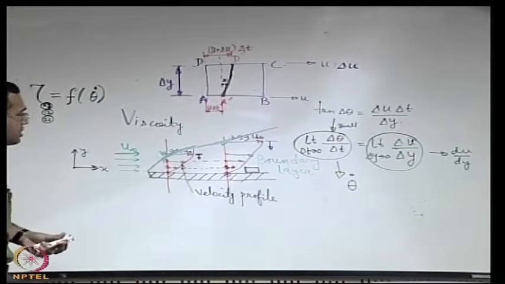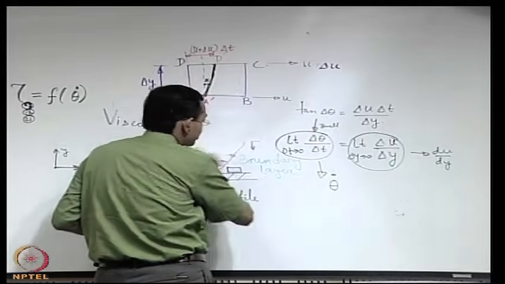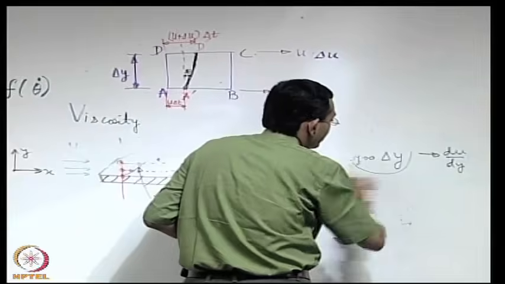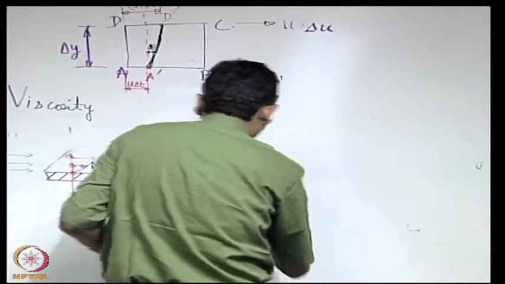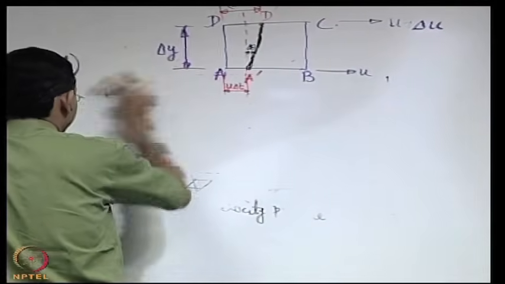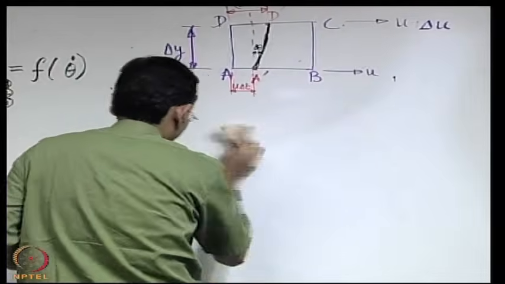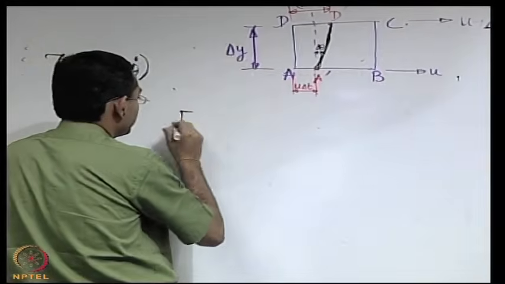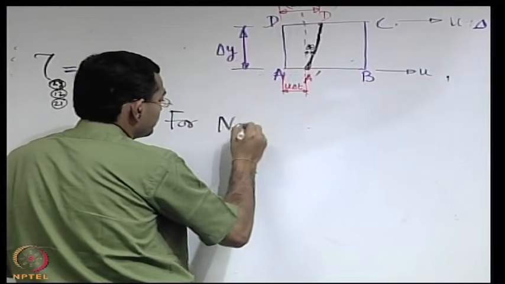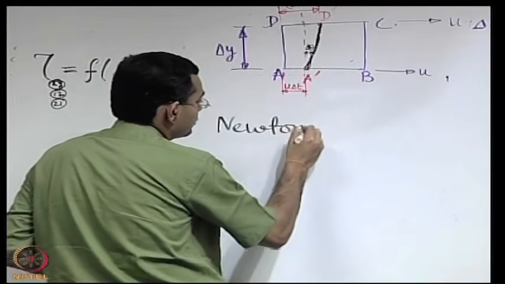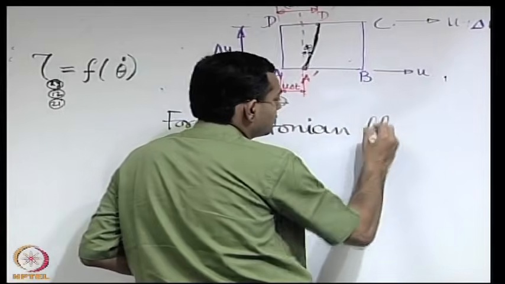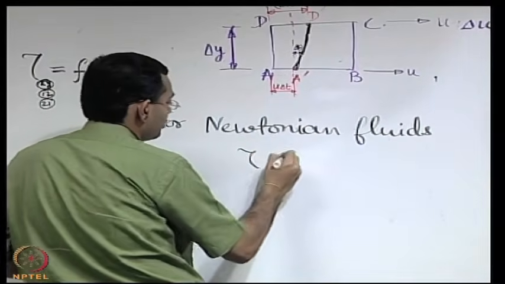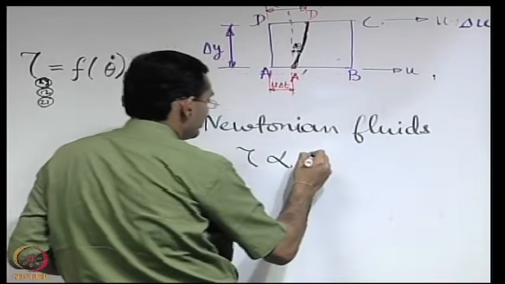Newtonian fluids are those fluids for which the shear stress is linearly proportional to the rate of angular deformation or shear deformation or shear strain. So for Newtonian fluids, you have tau proportional to theta dot.